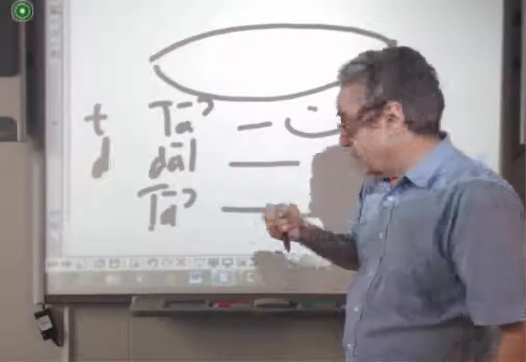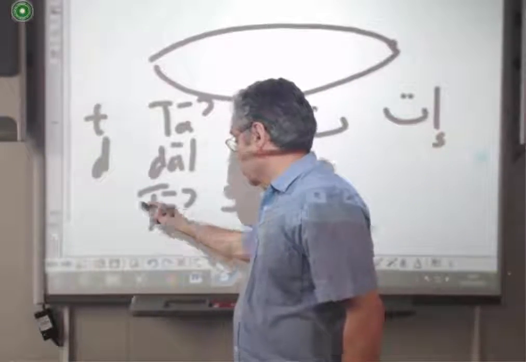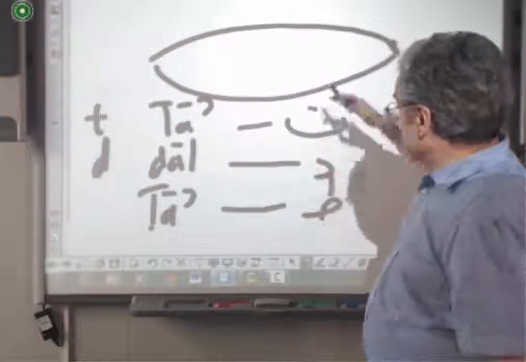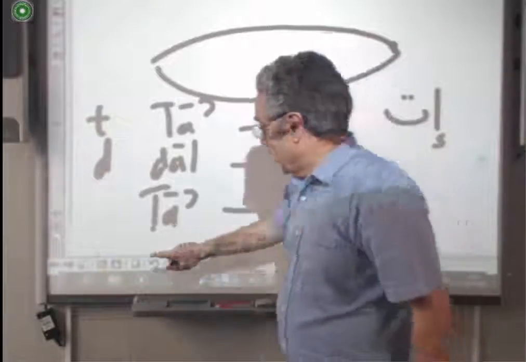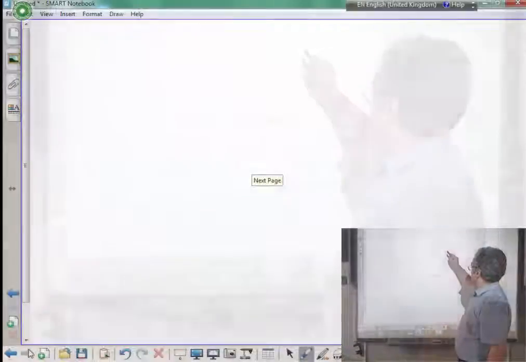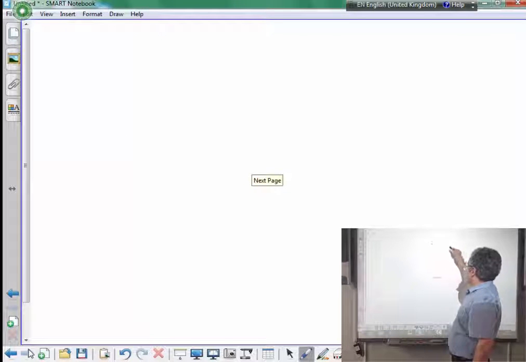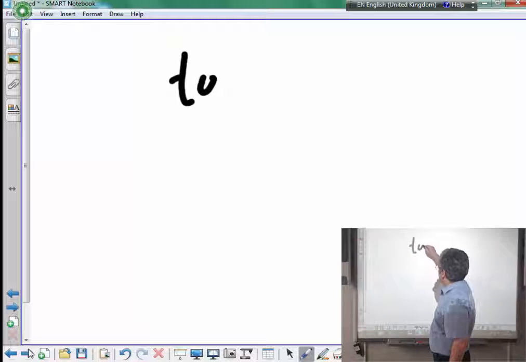And this is a thick ta. That is what we call it. In English, we don't have it. So these are three letters. And also we can look at another three letters. They are also part of the tongue letters.